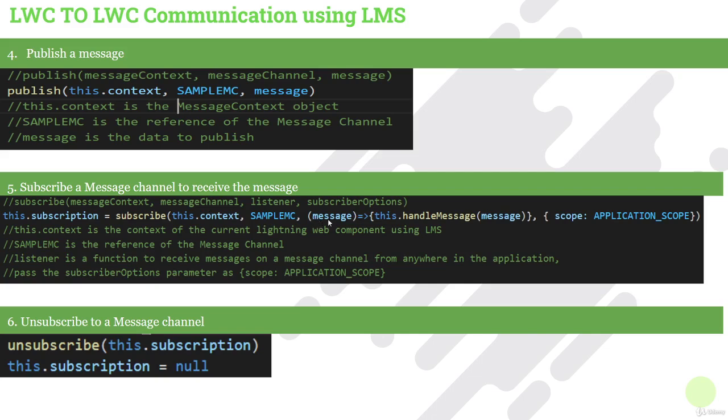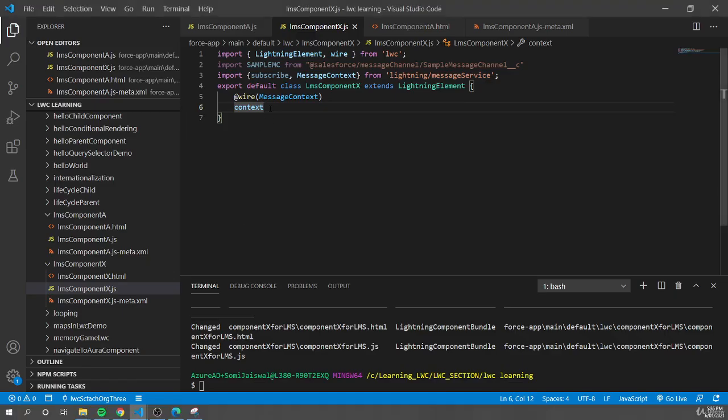It is a function that receives the message and will pass that message to another function where we can manipulate this message. And the fourth property is the subscriber option, and this is important when you want to pass the data to anywhere in the application. So it's always good to define your scope at an application level. So let's go and implement the subscribe functionality.